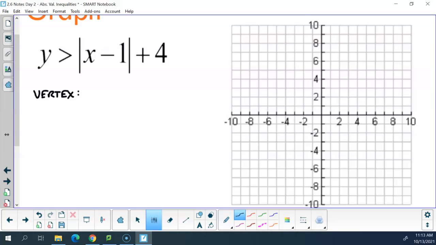One comma negative 4 is one guess. He has since changed his guess to 1, 4. Yes. There seem to be more people that agree with the 1, 4 part. I heard you say something about it being opposite. Which one's opposite? Just for the h. Yeah, because it's inside of something. So our vertex is at the point 1, 4.